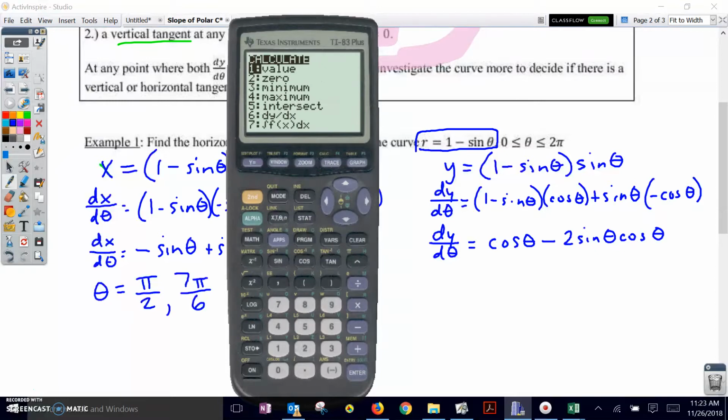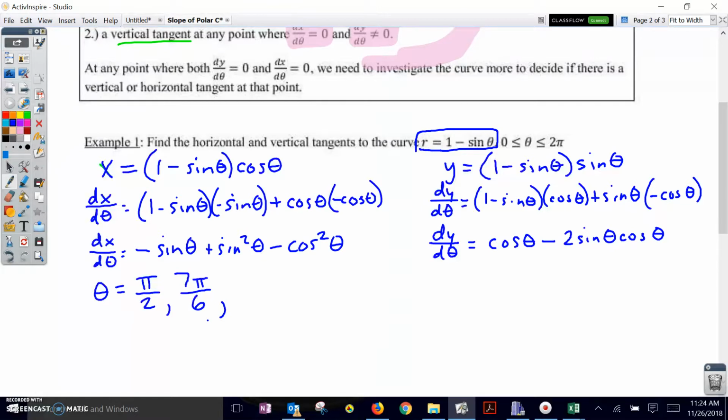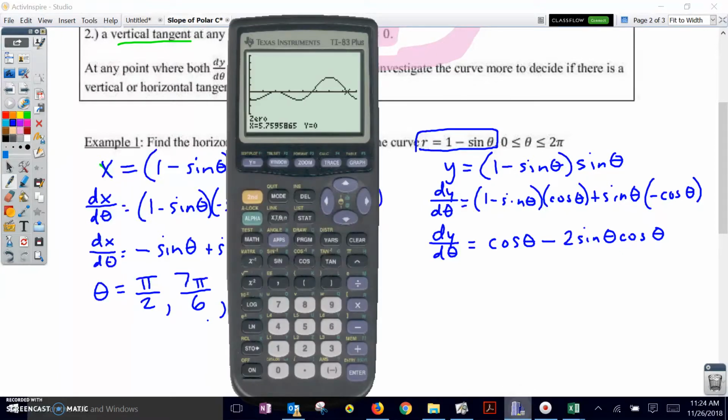And we've got a 0 at .759, which is 11 pi over 6. If you don't know how I'm getting those values, you should talk to me about that sometime. I can show you. But I don't have time to do it right now.